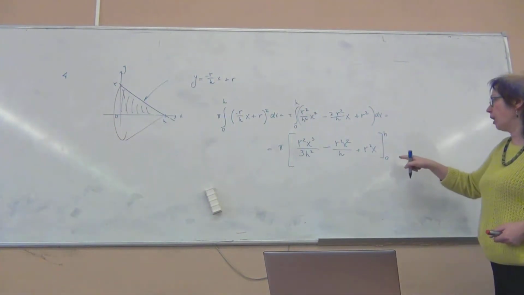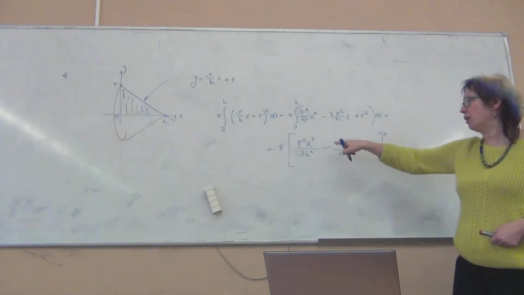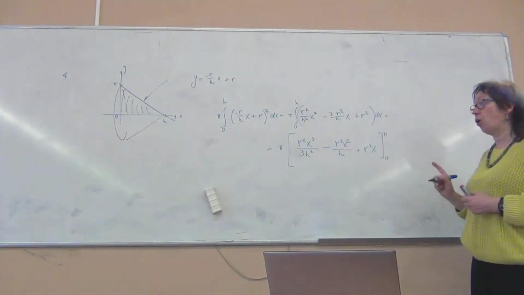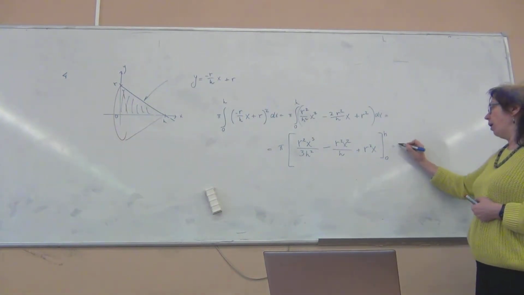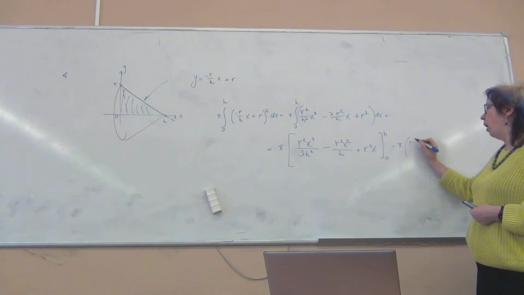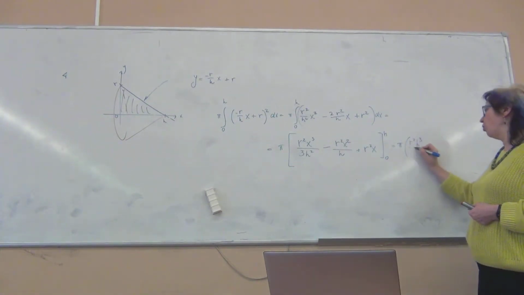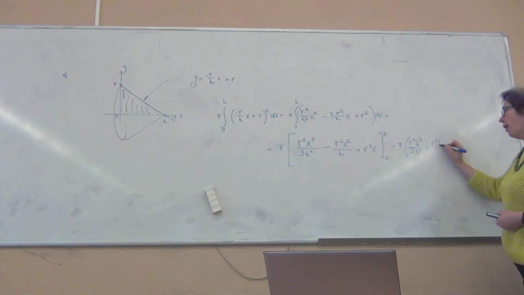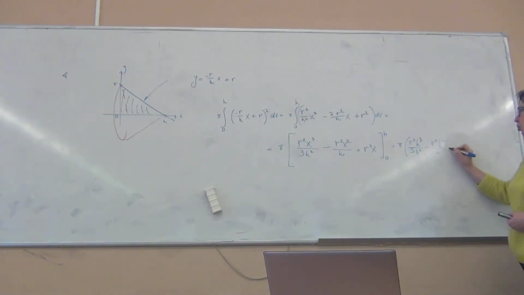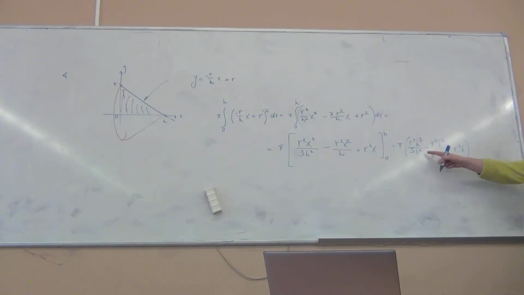Now, if I put 0 for x, all these terms will be equal to 0, so all that matters is the h value. Pi times r squared h cubed over 3h squared minus r squared h squared over h plus r squared h, minus 0. That's it. Now simplify this, take them all together.